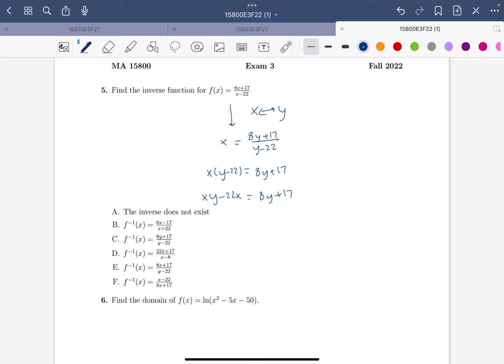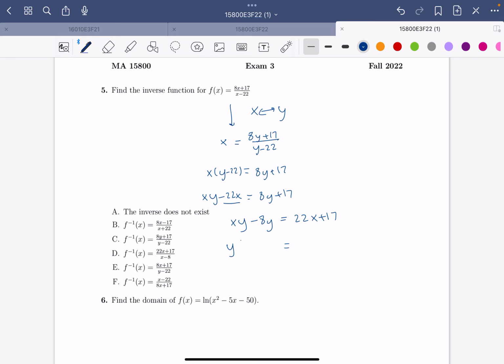I want to move all the terms with y to the left side of the equation so that I can isolate my y's. So that gives me xy minus 8y equals 22x plus 17. I went ahead and moved this term to the other side to keep all my y's on one side. Now we can take a y out so we can isolate it.